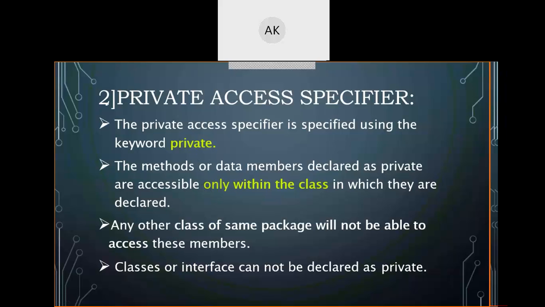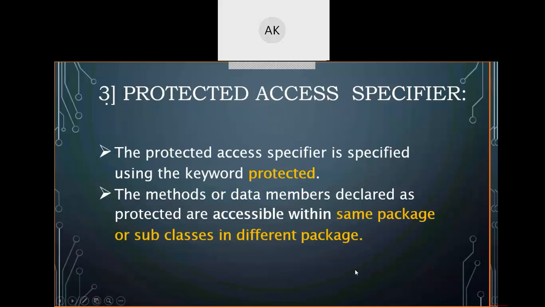If you try to access them, you will get an error, right? Whereas classes or interfaces cannot be declared as private, because we want classes to be accessible. The class is part of your project, and it will be required anywhere in the project. That is the reason we do not declare a class or interface as private, right? Then third we have protected.